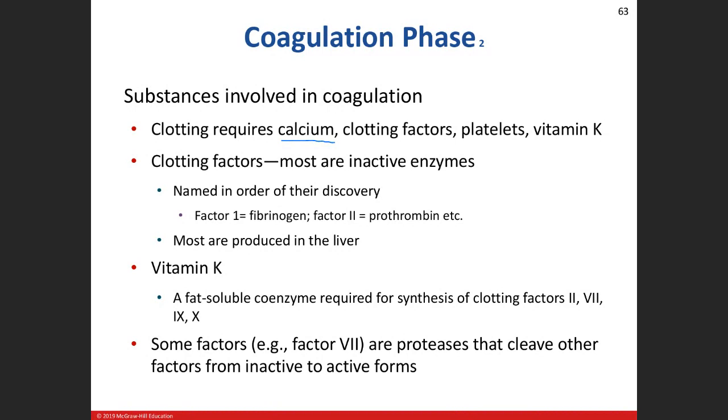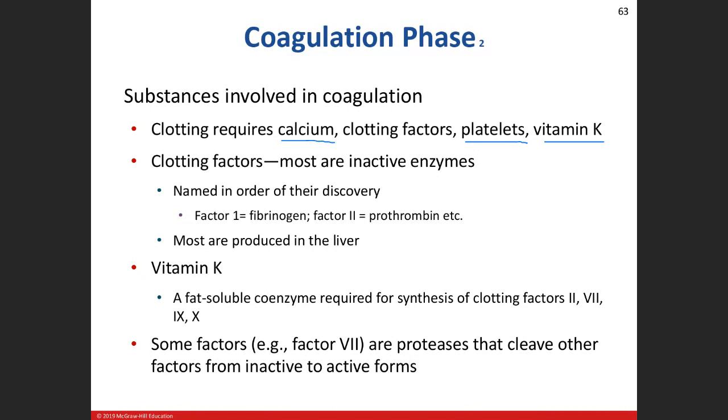We just called them factor 1 and factor 2 because when we discovered them, I guess people weren't really creative enough, and then we started calling them different things later on, but those names still stuck. So we need our clotting factors. We definitely need our platelets, because they're going to help with the clotting, and then finally vitamin K.